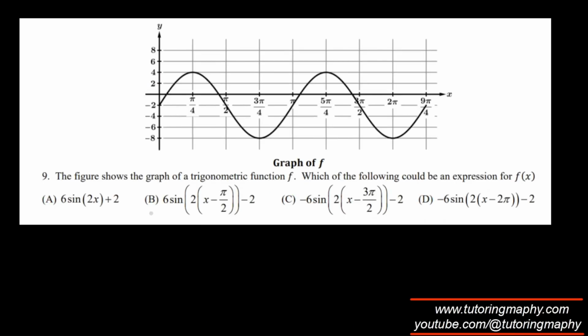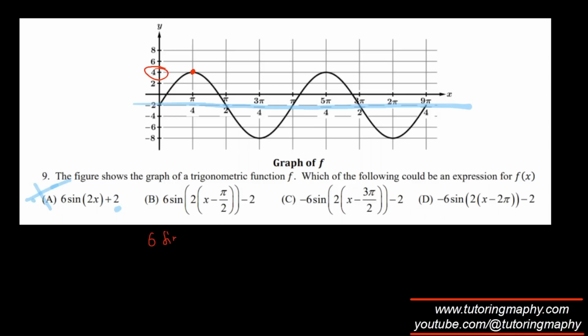Likewise over here, okay, I can definitely think of midline, and the midline is definitely negative 2, as we can see. This is midline. So the answer is not A because here the midline is positive 2. For the other things, b is same as we can see, so it's better to just plug in points. So let's plug in pi over 4 and see which one is giving us 4. Let's plug in pi over 4 here.